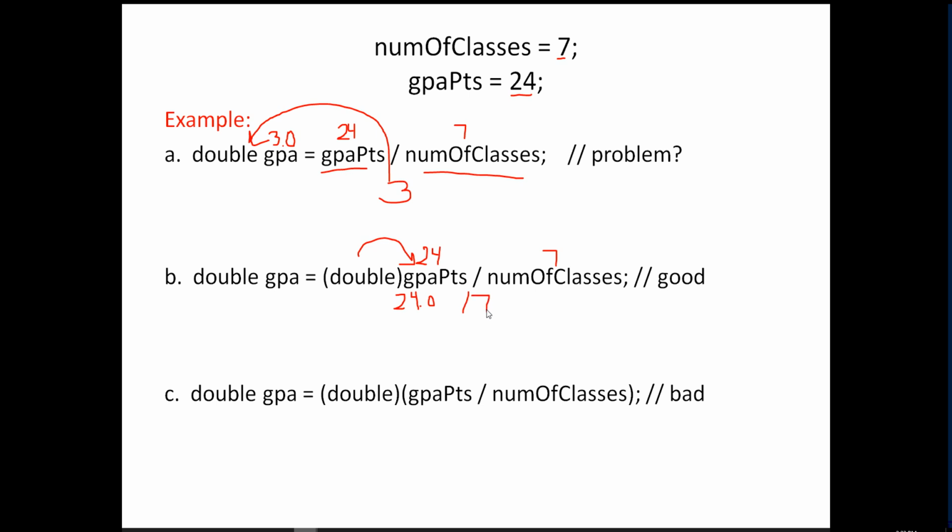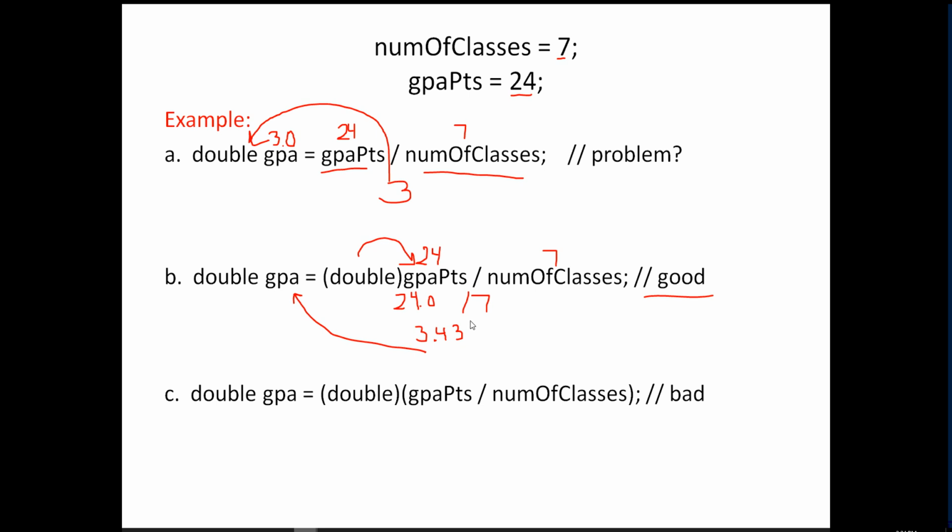And then 24.0 divided by 7 is 3.43. And then that's going to get stored in the GPA memory location. Now that is good. It makes sense, a 3.43 GPA.